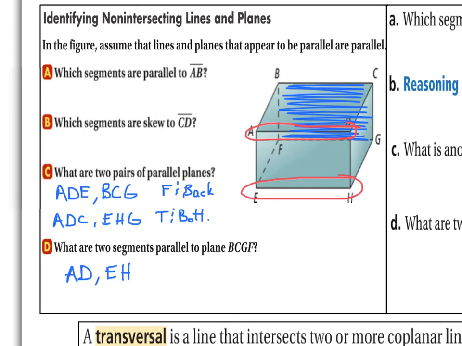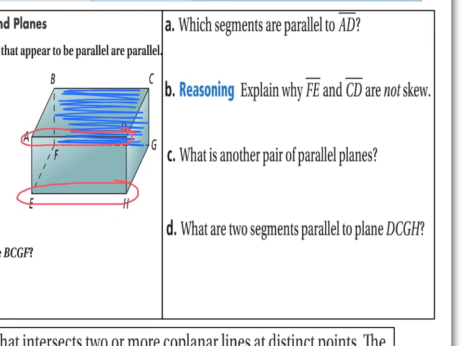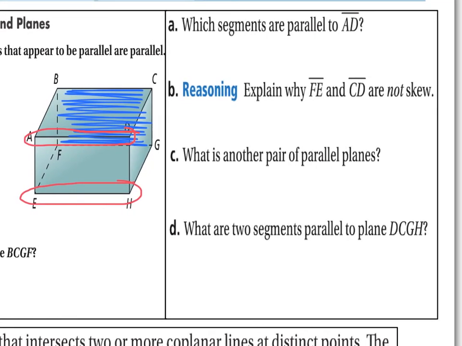Okay, here's what I want you to do. I want you to complete, you're using the same picture, okay? And what I want you to do is hit pause and come up with the answers for A, B, C, and D and see what you can come up with.